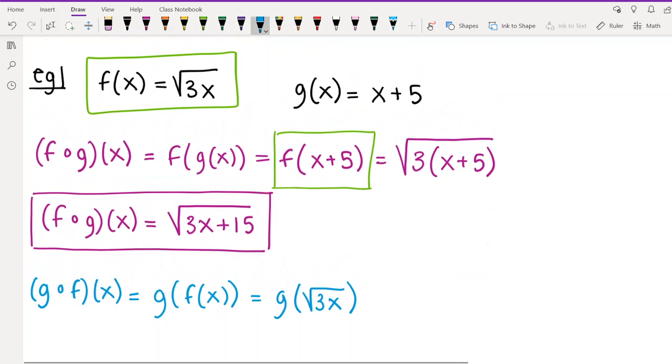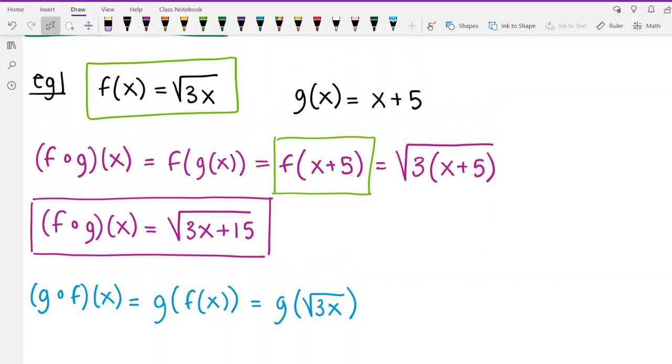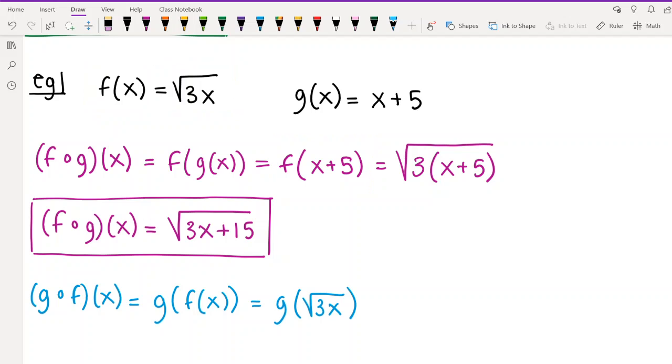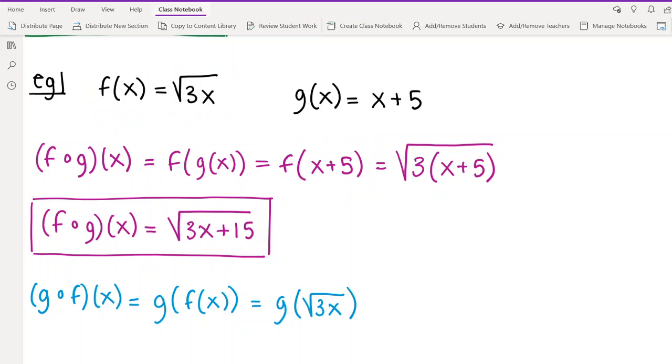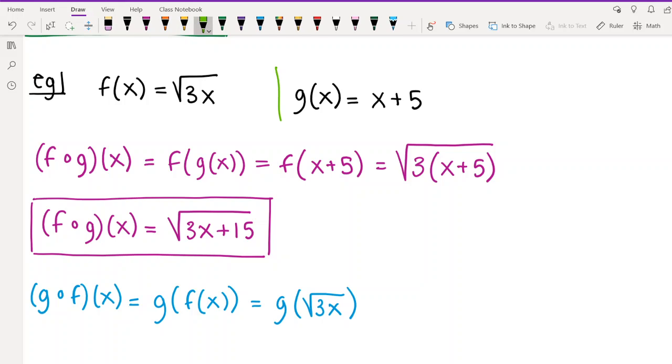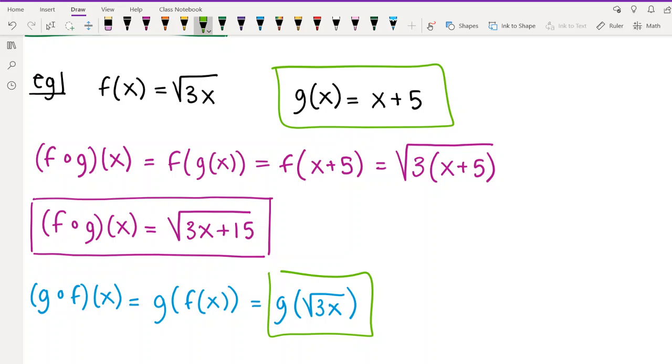And then we just need to evaluate our function g of x. So now this time we're plugging into this function, and our input is the square root of 3x. And so we're going to end up with the square root of 3x plus 5. So we're just replacing x with the square root of 3x because that is our input.